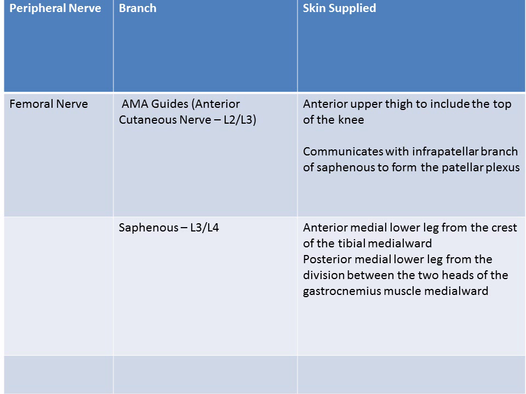Well, that's directly down the midline of the posterior aspect of the lower leg. So if you then continue from there around medialward to the tibial crest, that's about 50% of the circumference of the lower leg.